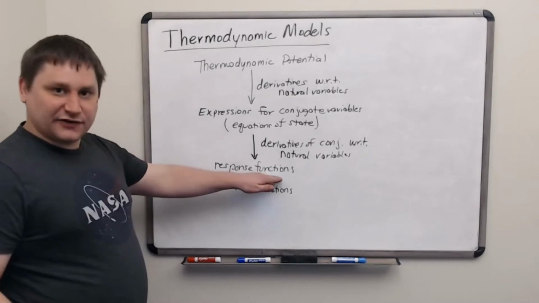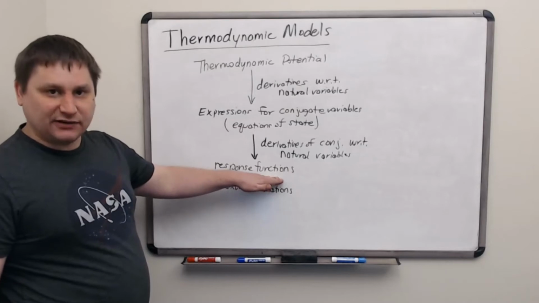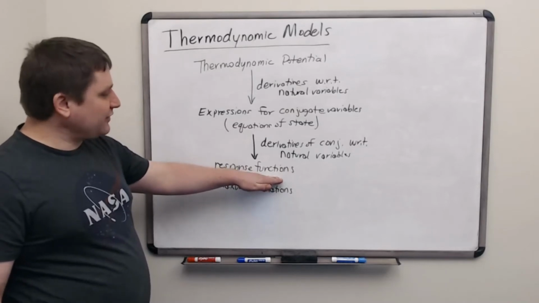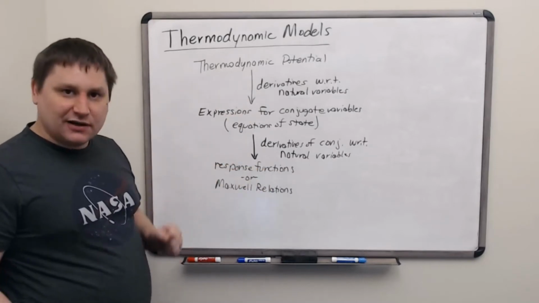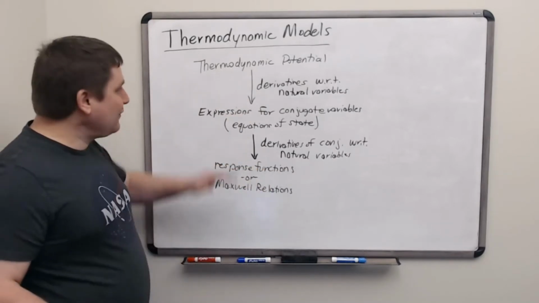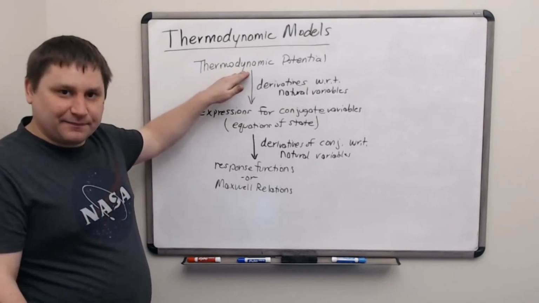The response functions are what are most closely related to experimental tests. If the predictions for the response functions of a given model match the experimental data, then we conclude that that model may be a good representation of that system.